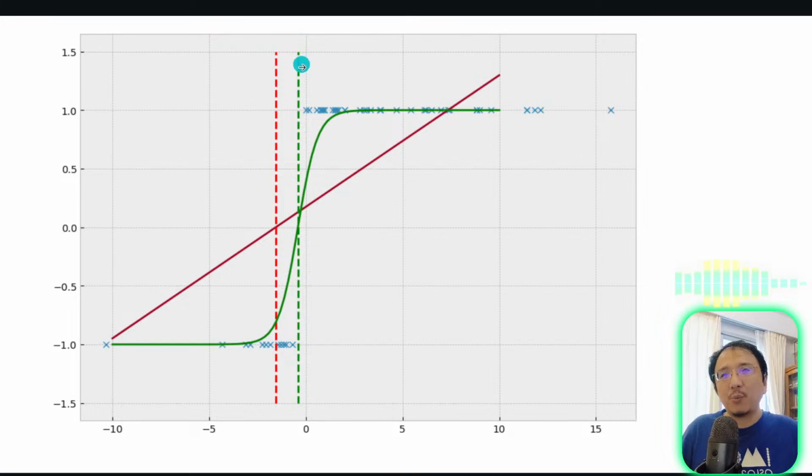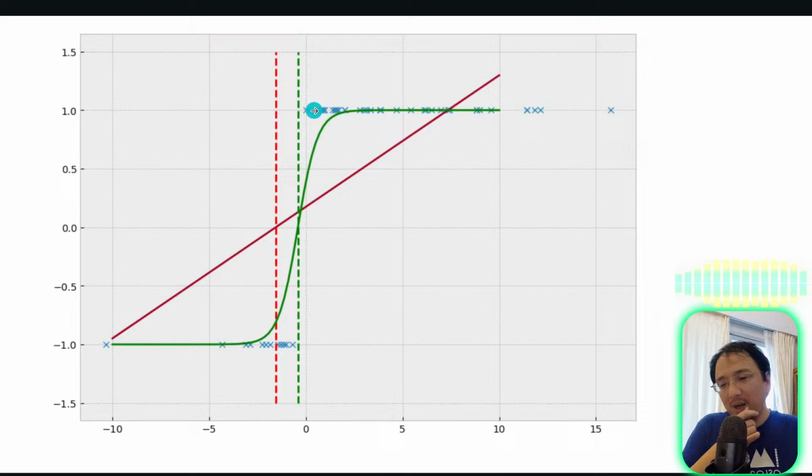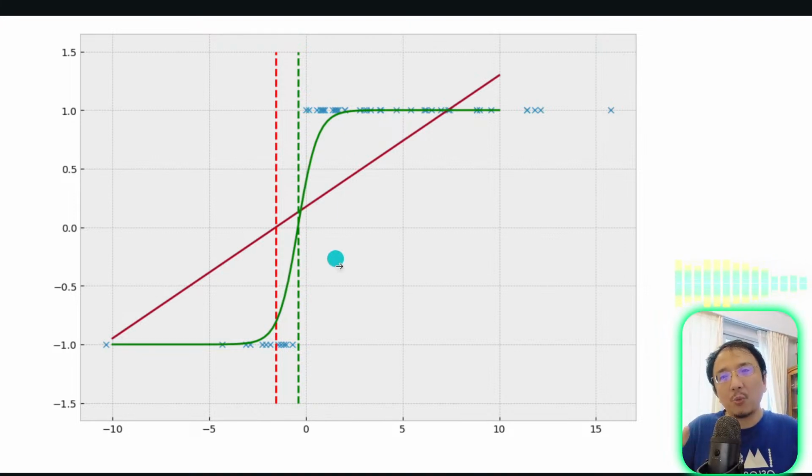And most of the time it will be between the smallest positive one and the largest negative one. So although it's still a little bit off, the difference is mostly because we don't have enough data. Suppose your smallest positive number is 0.1 and the largest negative is like negative 0.5.